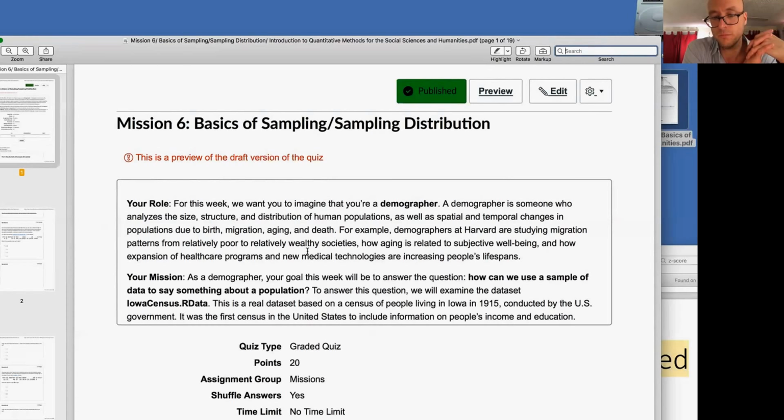And with the code, we actually showed how you can take samples of a population. In other words, take the Iowa census. The state of Iowa in 1915 had a census. It collected all the people in Iowa and collected information on their income and education, and that's the census.